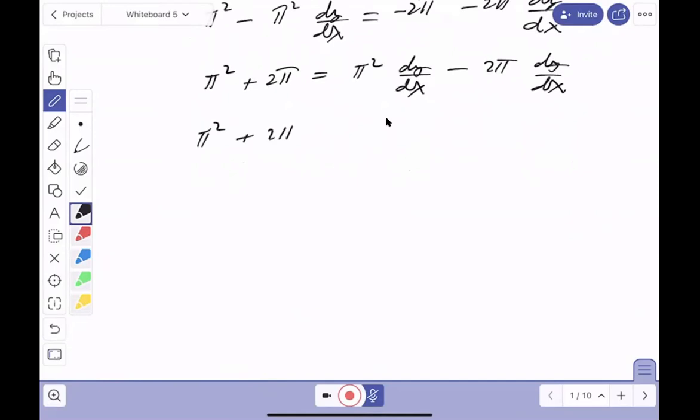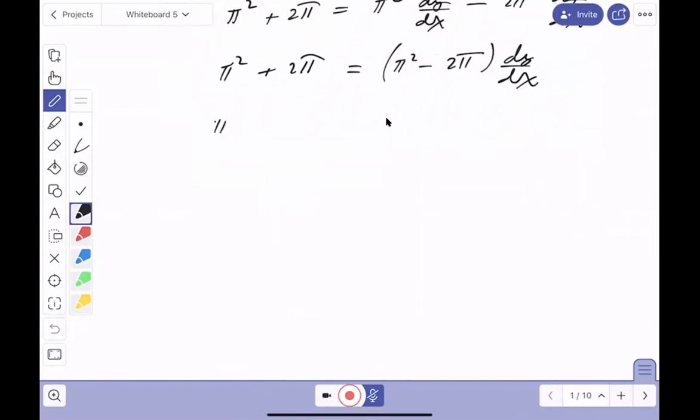Pi squared plus 2 pi equals, well, let's see, what do you get over there? Pi squared minus 2 pi dy dx. Let's keep going. Pi squared plus 2 pi divided by pi squared, whoops, minus 2 pi equals dy dx.